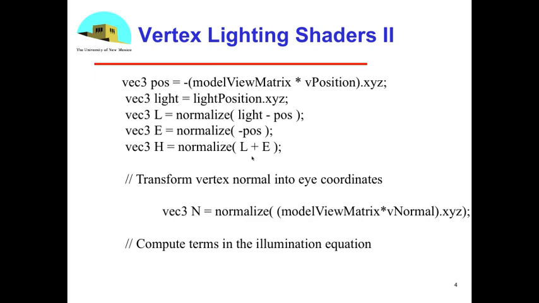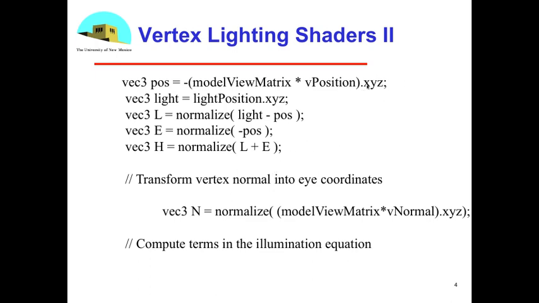And here's the computation of the halfway vector by just adding the transformed light position and the transformed eye position, the transformed position of the vertex into that new space, adding them together and normalizing them, and that gives me the halfway vector. Notice too here that we're not applying the projection matrix, because that would convert us into clip coordinates, not eye coordinates, and eye coordinates is where we're trying to do the calculation.